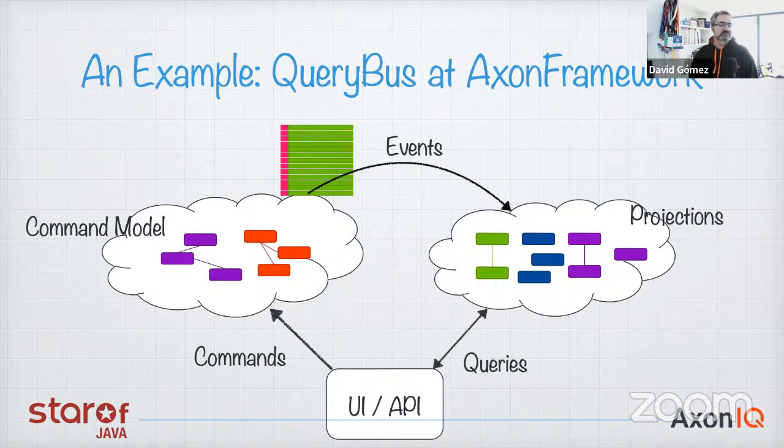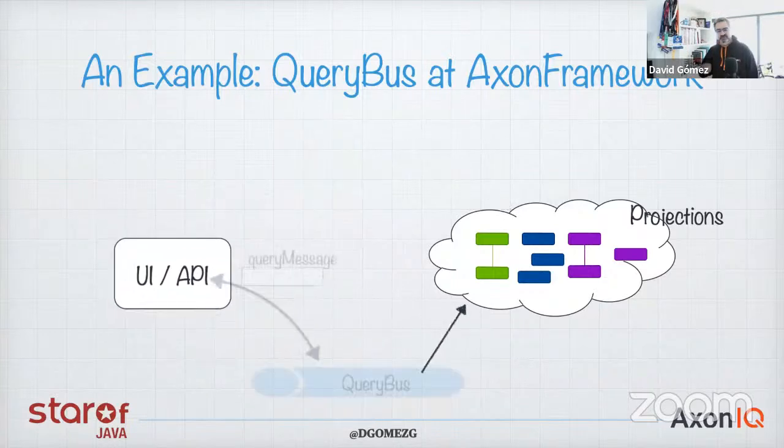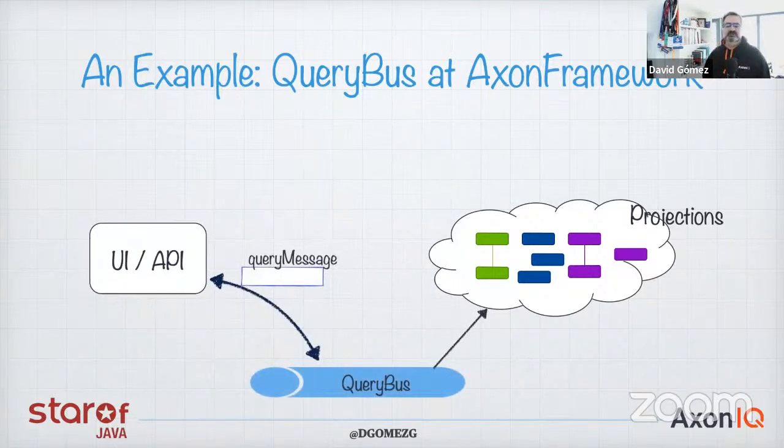So in our case, we have support to define commands, queries, and how the command model and the projections will synchronize by using events. But the point at which we use completable futures is the part in which the controller is going to send a query message to retrieve some information.